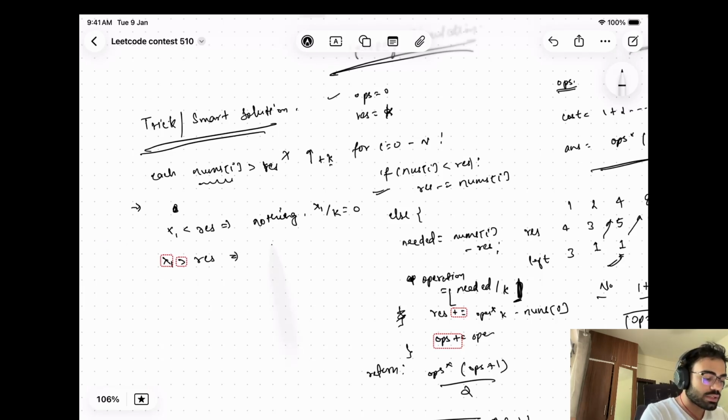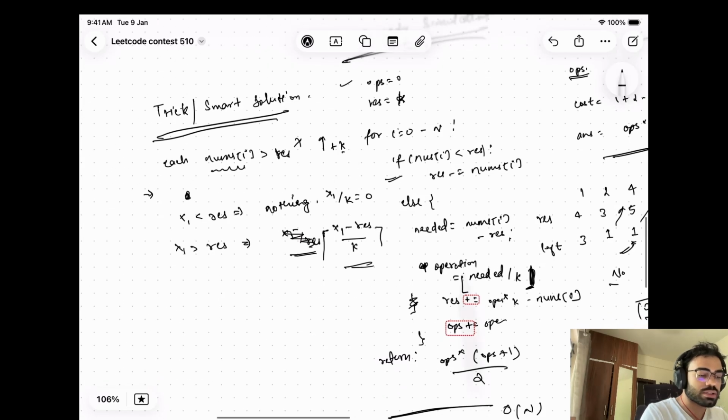So can I say the required is x1 minus resources upon k, the ceil value of this one? The ceil sign is, I think, on the upper side.